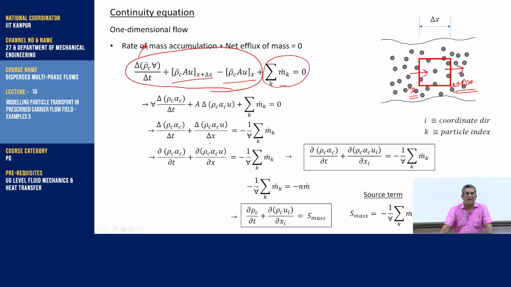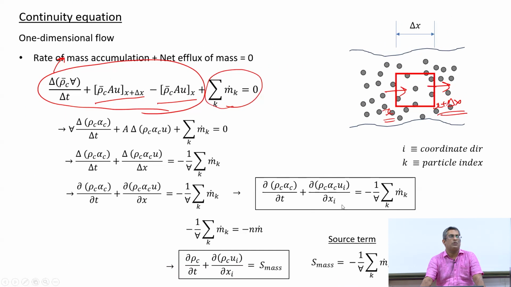And then in the limiting case we can get this equation, and finally we get our continuity equation. So here this term i denotes the coordinate directions, and here k denotes the particle index. Particle index means you may have, let us say, 100 particles, then k ranges from 1 to 100.